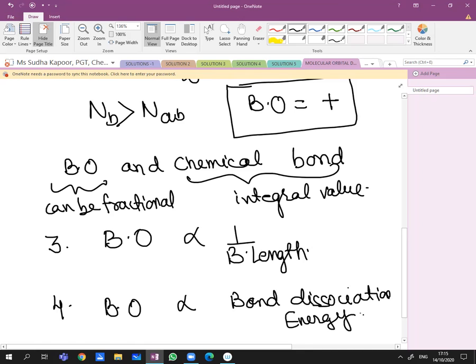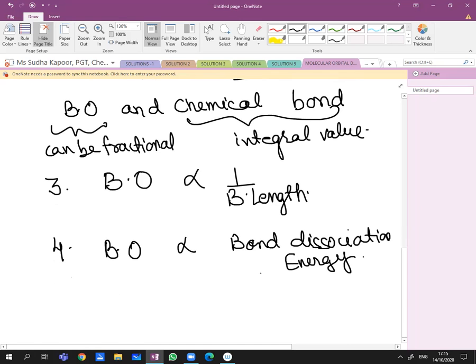So these are a few tips that we require while talking about the molecular orbital diagram and its configuration. And one more, that is the magnetic character. In terms of magnetic character, we are talking about the diamagnetic and paramagnetic nature of molecules.